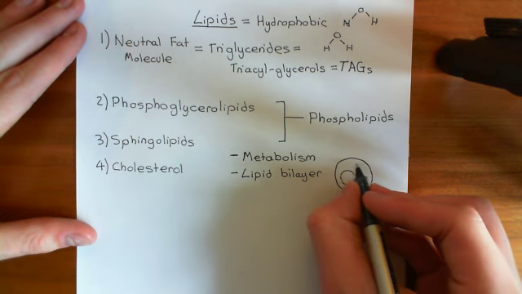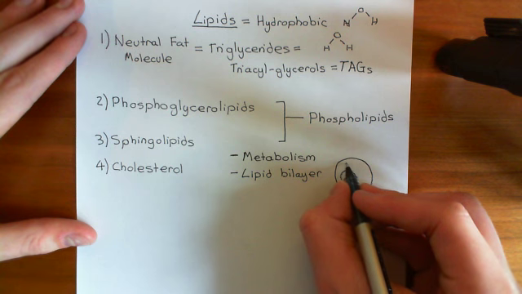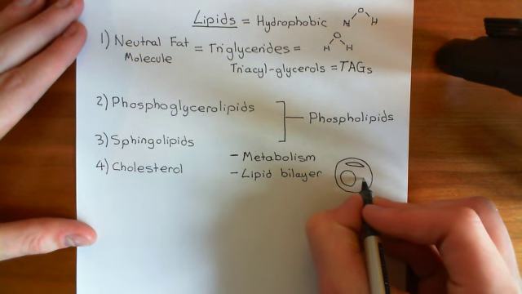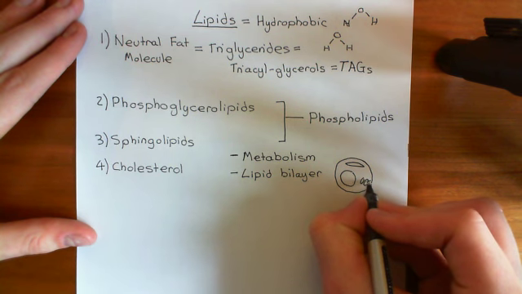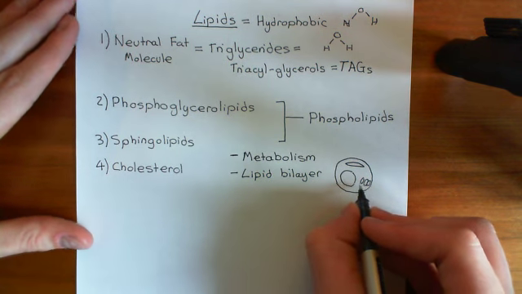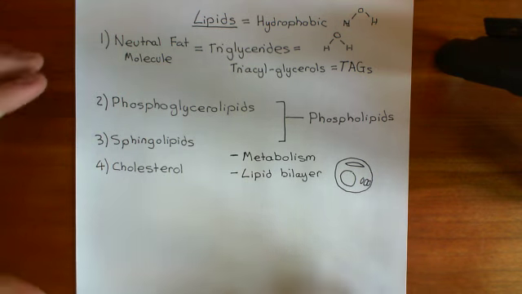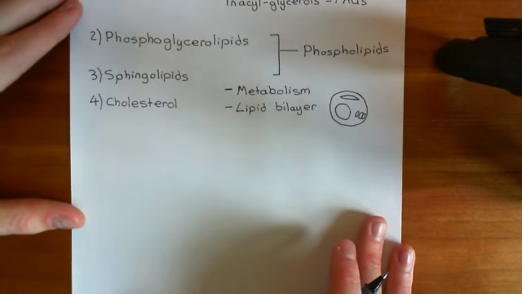You also have a whole bunch of intracellular organelles, such as the endoplasmic reticulum and the Golgi apparatus. They are all membrane-bound organelles, and they have one of these lipid bilayers surrounding them.